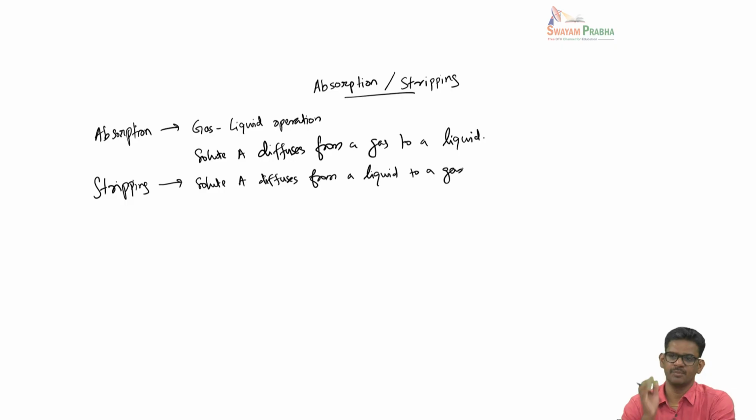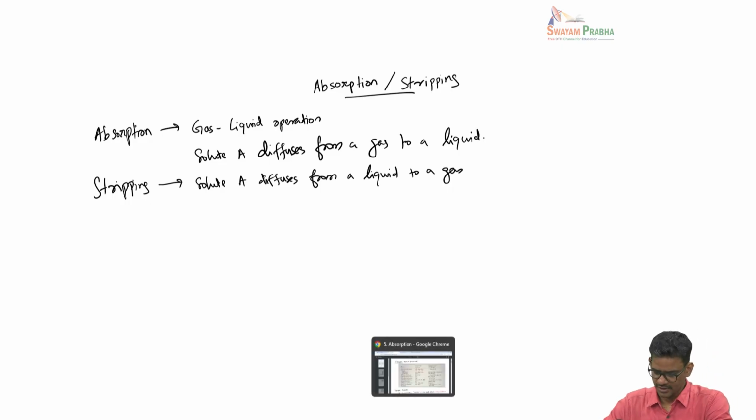Now, from a chemical industrial point of view, what are the types of gases that we would like to purify or clean? So we have a set of industrial gases that we need to remove.